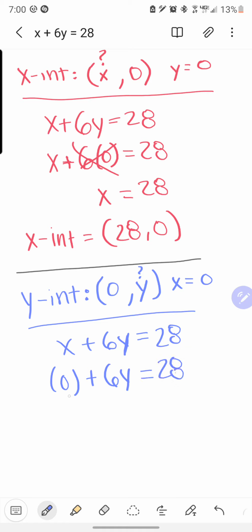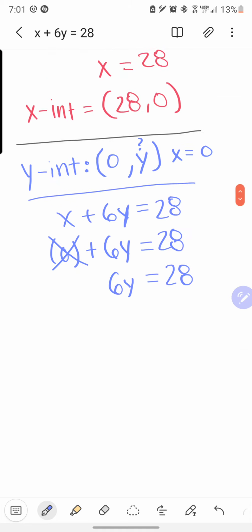We don't need to carry that 0 down because we don't need it. If it was any other value, we could subtract it, but in this case it's a 0, so we cancel it out and just bring down 6y equals 28. Now we have to divide by 6.